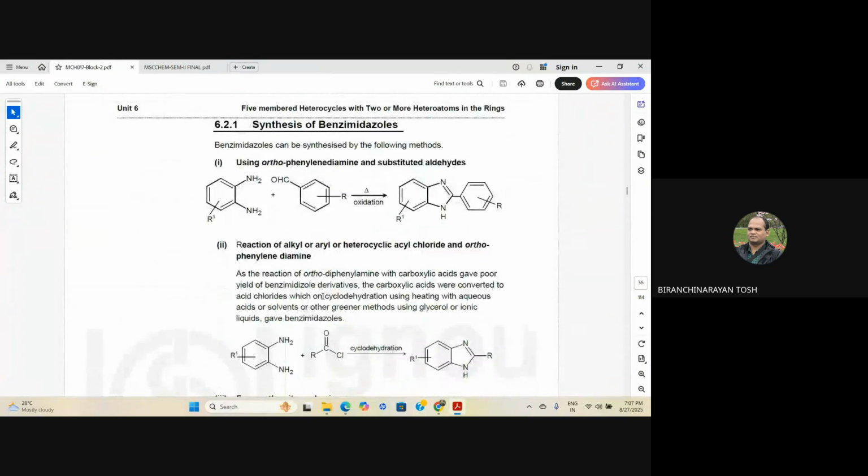So now moving towards the synthesis of benzimidazole, using orthophenylenediamine and substituted aldehyde.